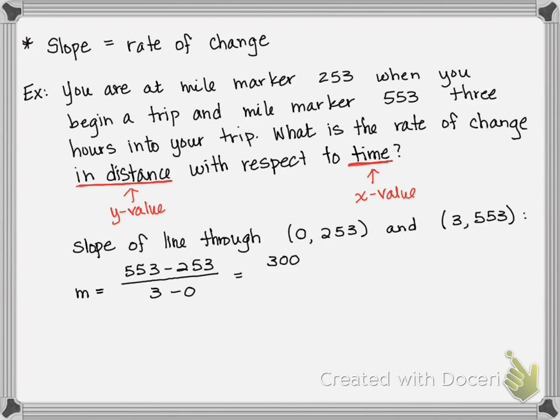So what am I measuring with my y values? In terms of units. Distance. Yeah, so 300 miles divided by 3, what? What are my units there? Hours, very good.